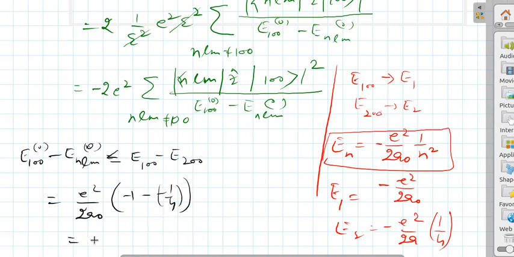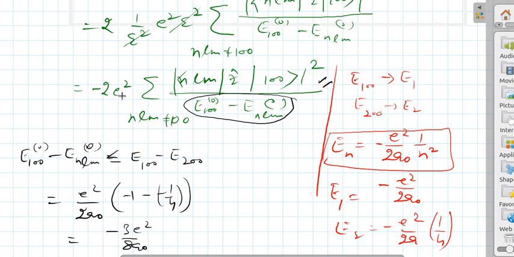If I simplify it, it will become minus 3 e square by 8 a naught. Right. So this is the denominator. Now let us calculate the numerator.